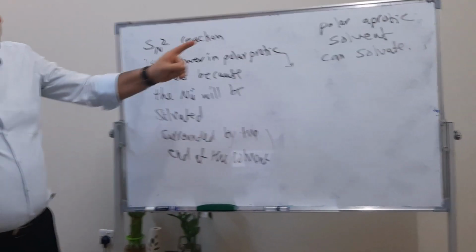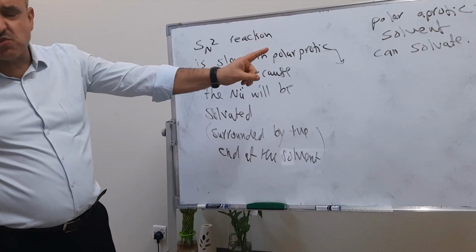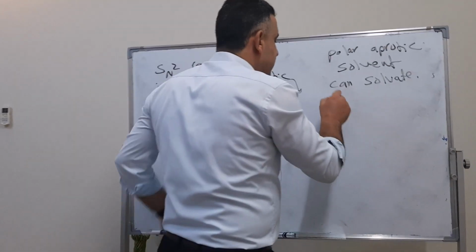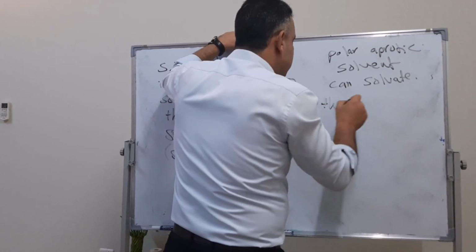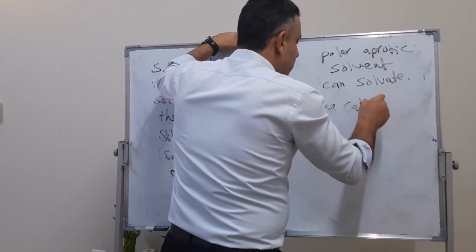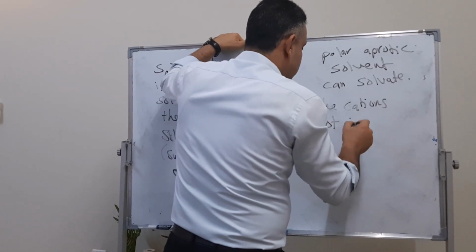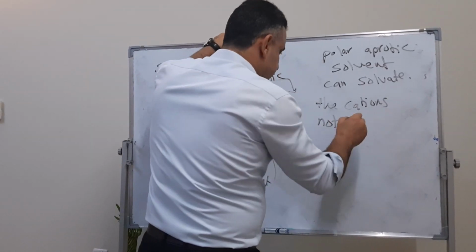Okay, now the polar aprotic solvent can solvate most effectively the cations and not anions.